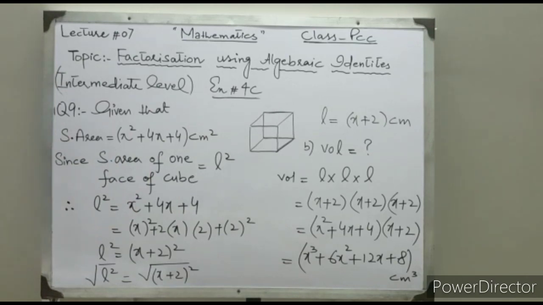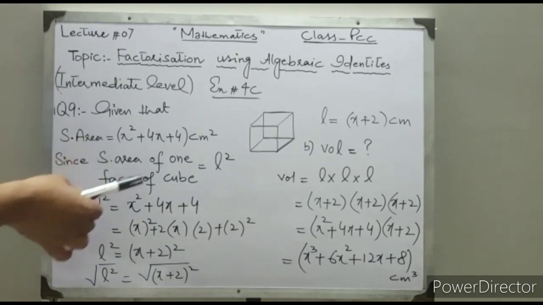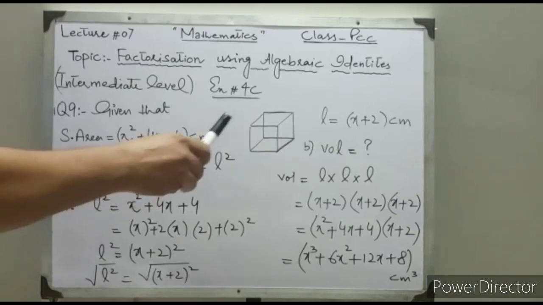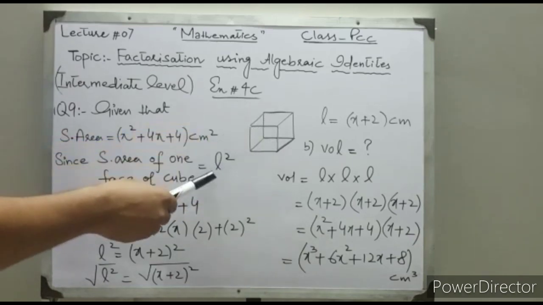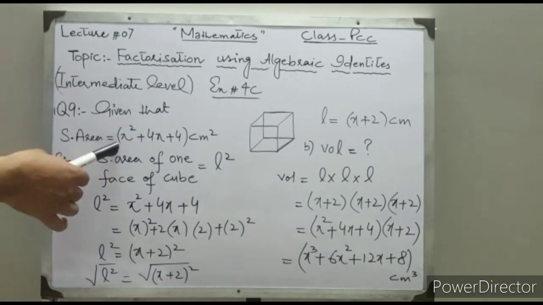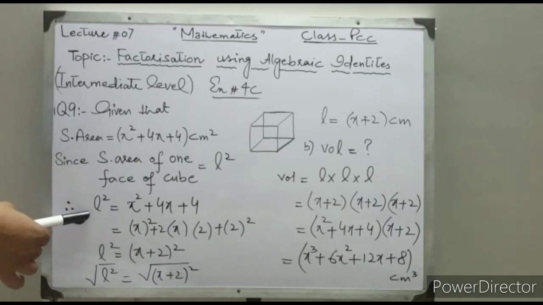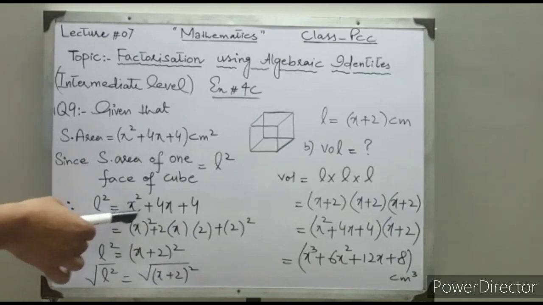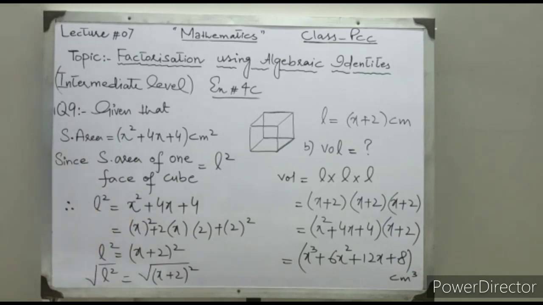Students, each face of a cube is a square figure. Since the surface area of one face of the cube means the area of the square, it is L square, length multiplied by length. Now students, take these two areas equal, meaning L square is equal to x square plus 4x plus 4.